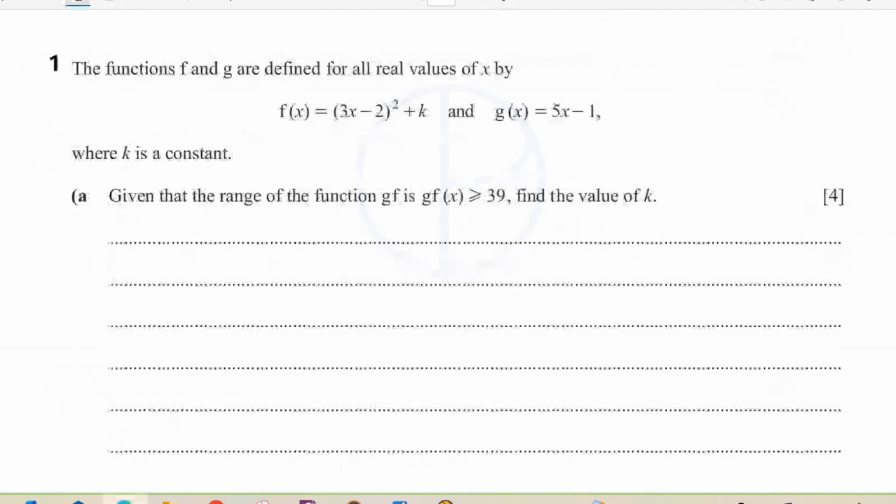So first let's find out what gf(x) is. Substitute the f(x) value in g(x). So g(x) is 5x minus 1, and for x we substitute the f(x) value, which is (3x minus 2) the whole squared plus k.